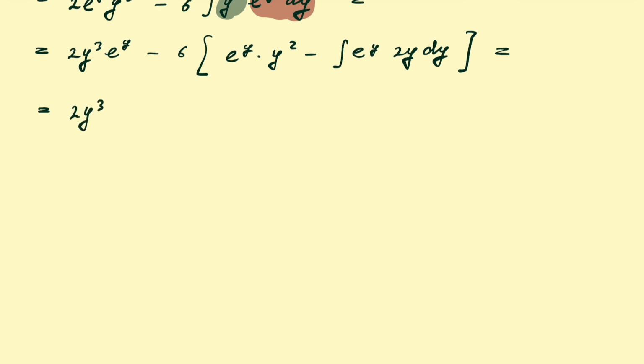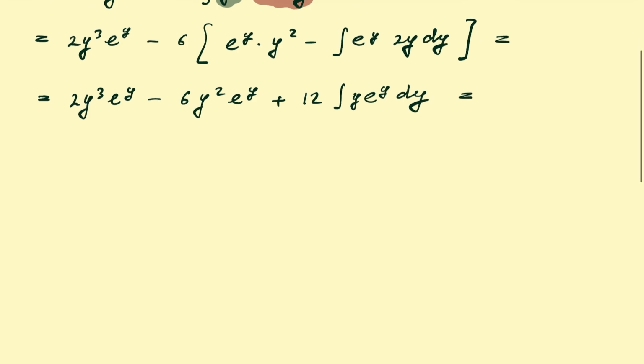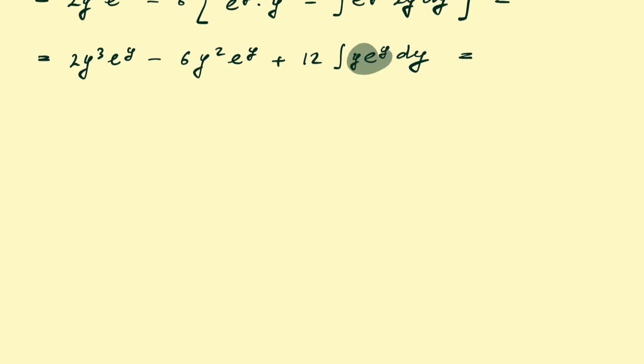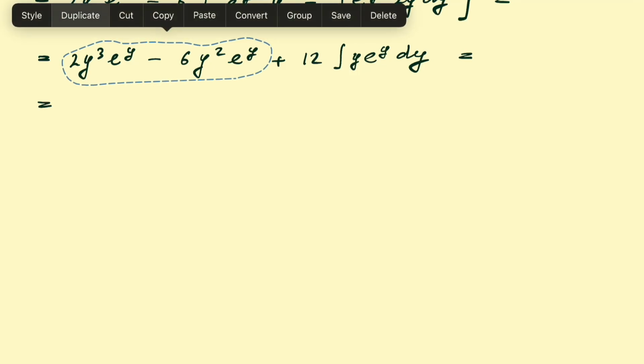Now we just rewrite what we had before. It's 2 times y cubed e to the y minus 6 times y squared e to the y plus, well, 6 times 2 is 12, 12 times y times e to the y, just for the sake of convenience. Now, finally, we need to compute this integral. We'll use integration by parts again one more time. I'll just copy this and paste it here.